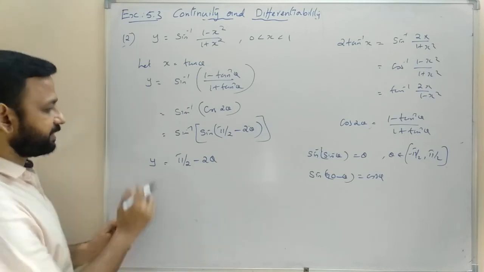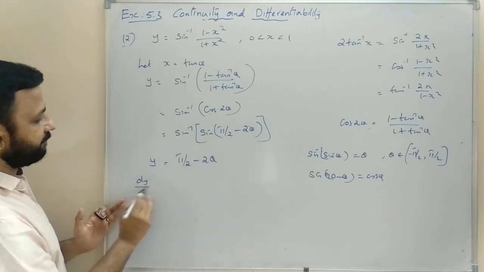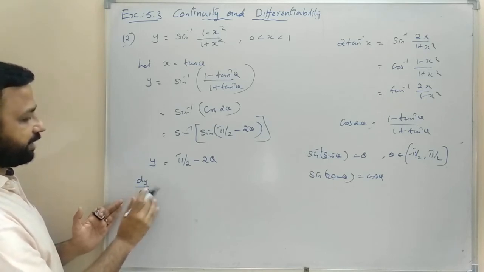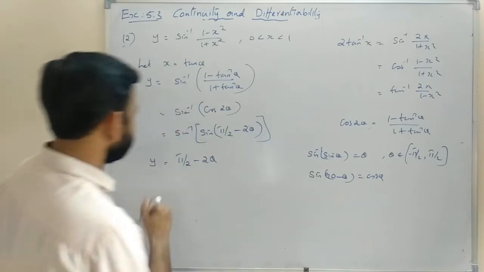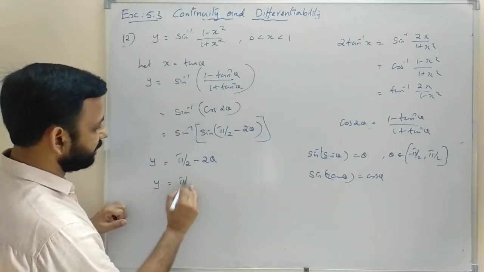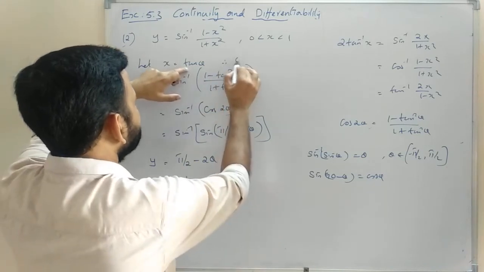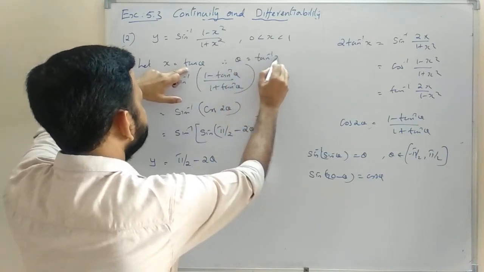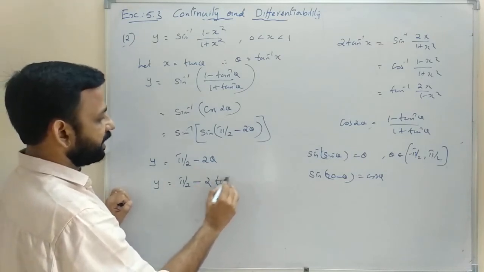Now we can differentiate this. We need to replace theta here. Y is equal to pi by 2 minus 2 into theta, and since x is equal to tan theta, theta is equal to tan inverse x. So we write 2 into tan inverse x.